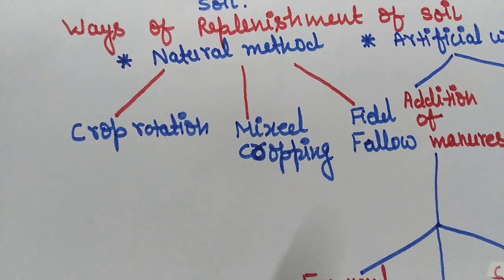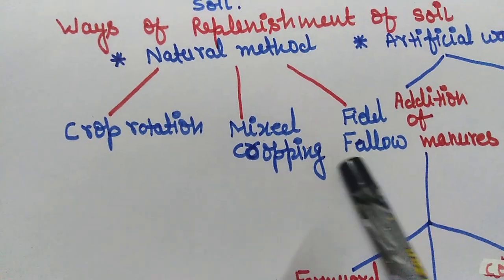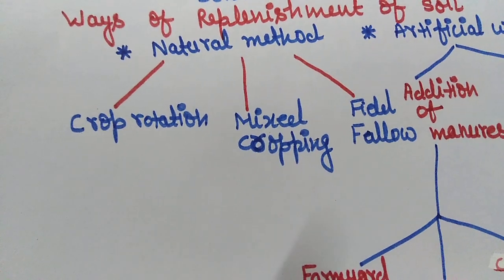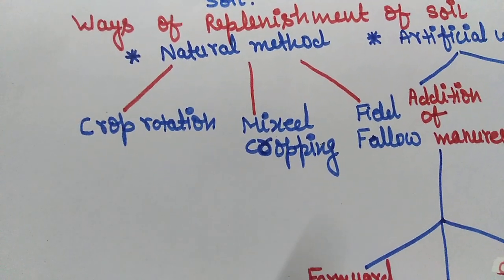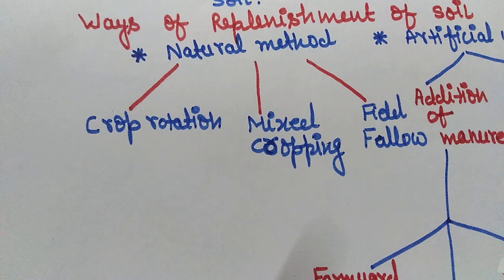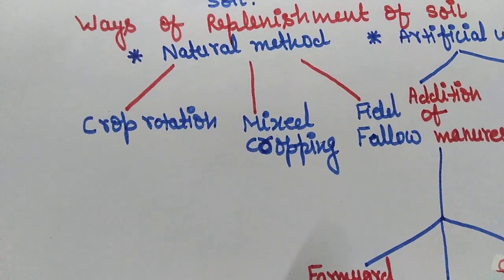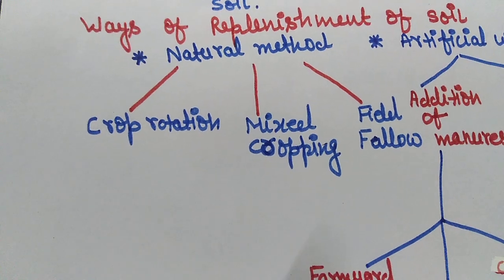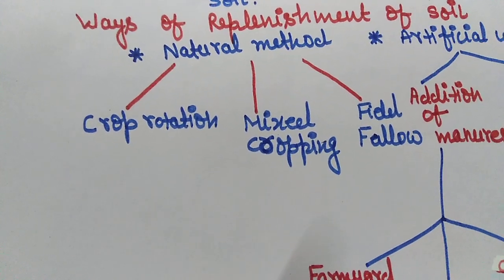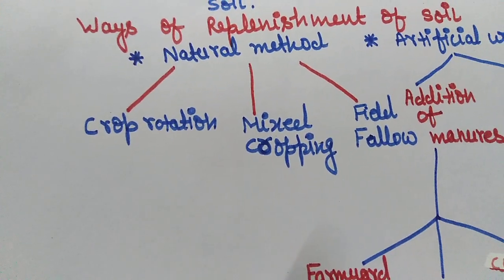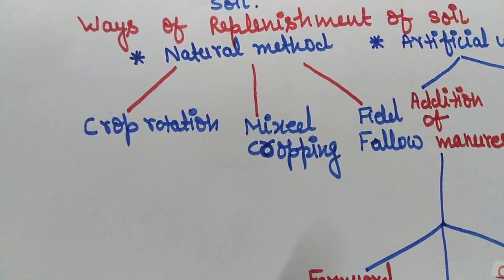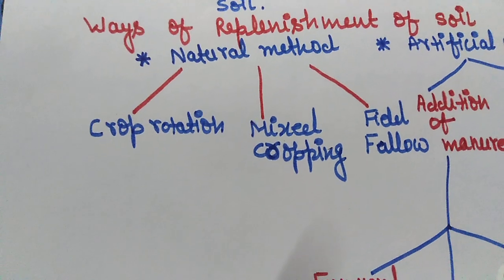Then, dear student, the third one is field fallow. Field fallow is the way in which the farmers leave the soil and do not use it for growing crops. The soil then regains its fertility through various natural means such as rain.